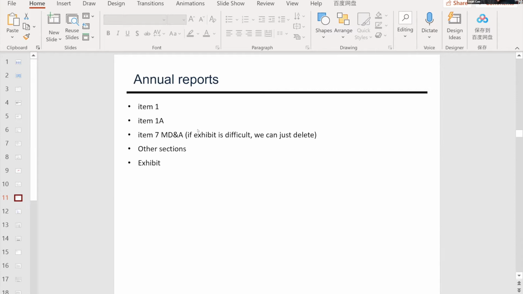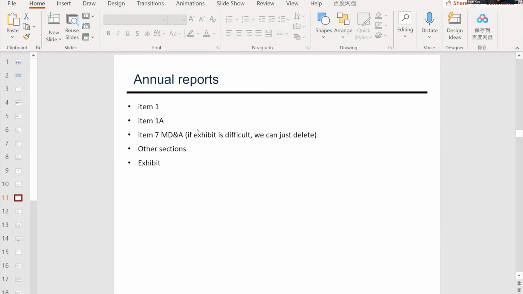Why am I not separating other sections? Because some other sections are numerical numbers. You know the annual report has textual information and numerical information. For us, we want to focus on the textual information.